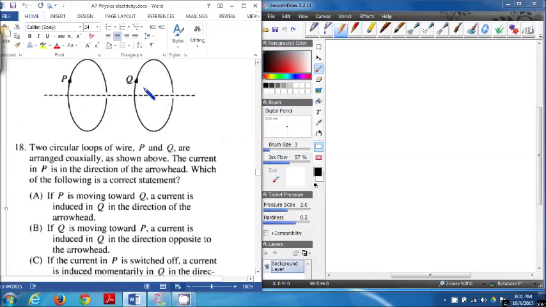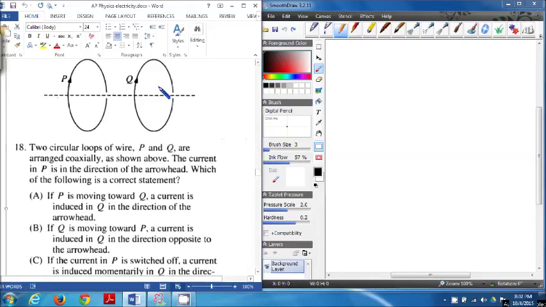If this is the direction of the current, this is clockwise. So a clockwise current in the loop creates the magnetic field into the plane. So when P moves towards Q, the magnetic flux in this direction will increase.